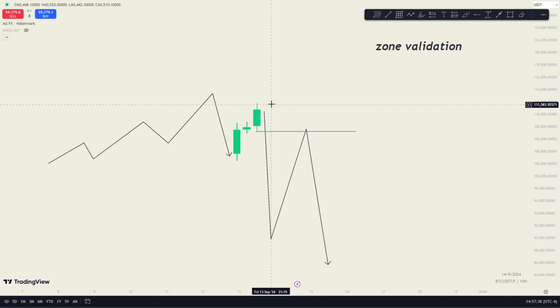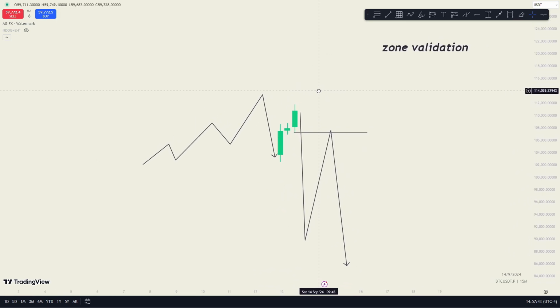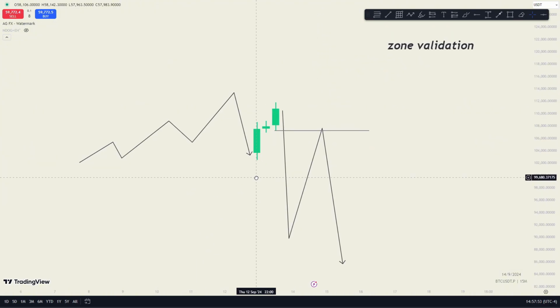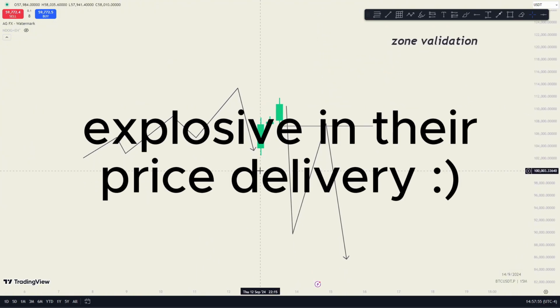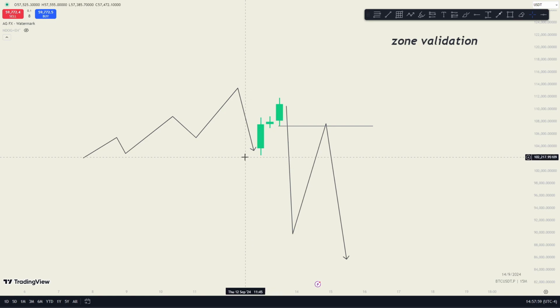So this is a very strong indication. I hope I clarified everything well, because QS zones can be very explosive, and usually they work very well. So let's get to the next method.